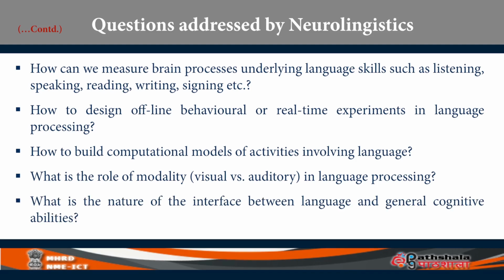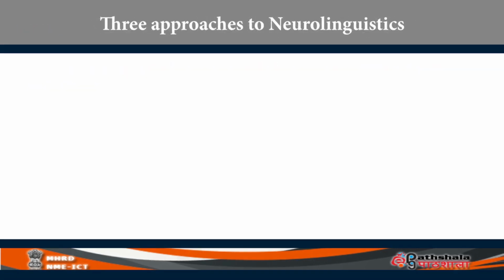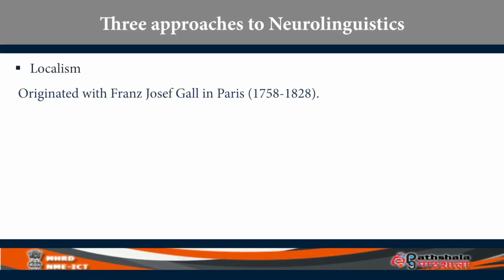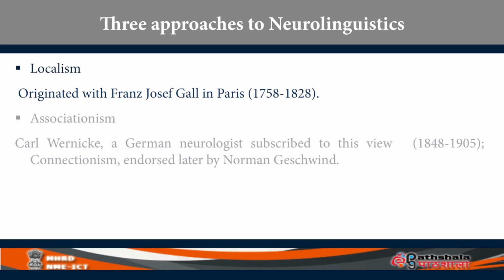I will focus on a few points, especially giving some idea about the history of development of neurolinguistics. And I will do this across three major approaches, starting with localism. This approach originated with Franz Joseph Gall in Paris. His time was 1758 to 1828. Then associationism.